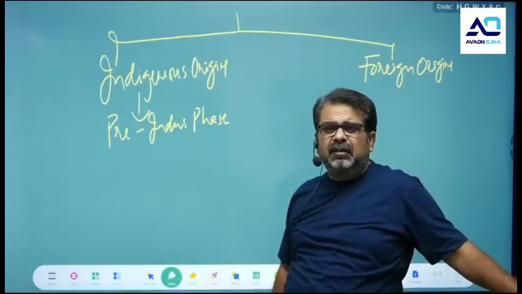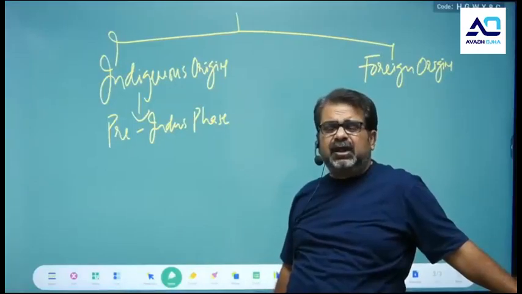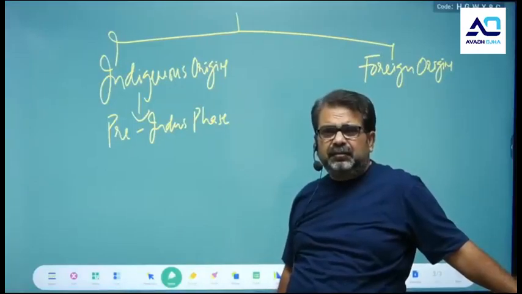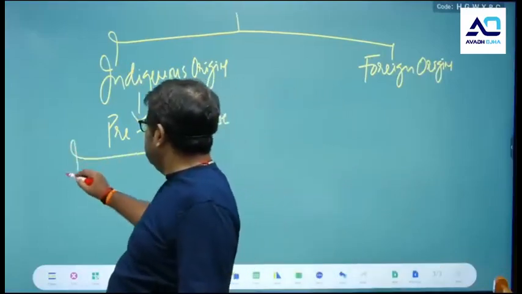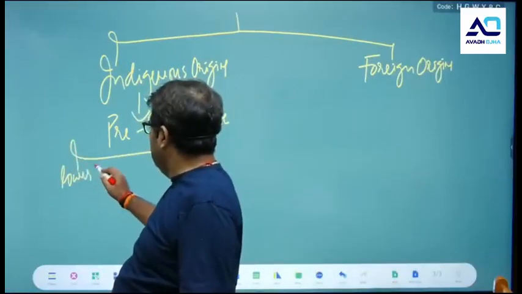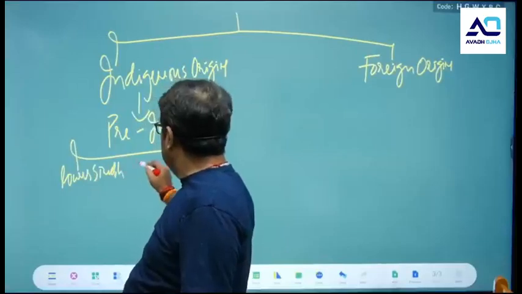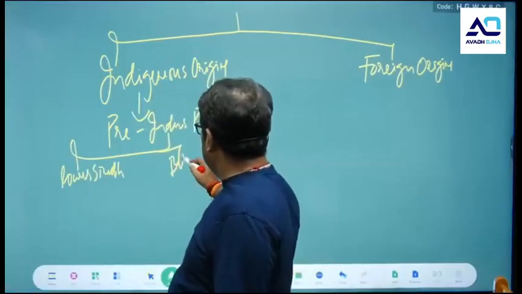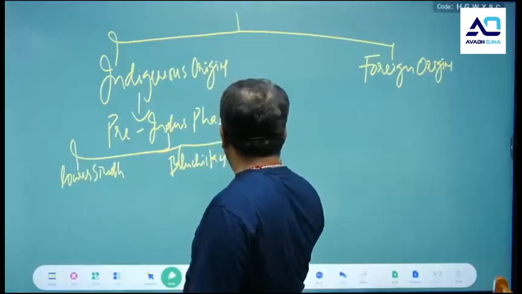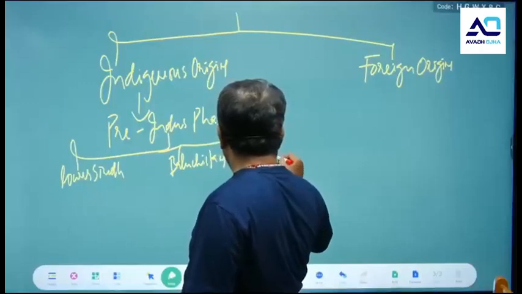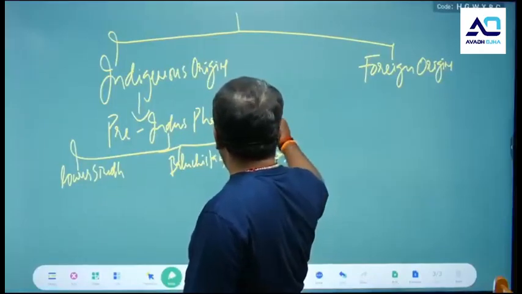Lower Sindh, Balochistan, Rajasthan, the sites like Kalibanga.